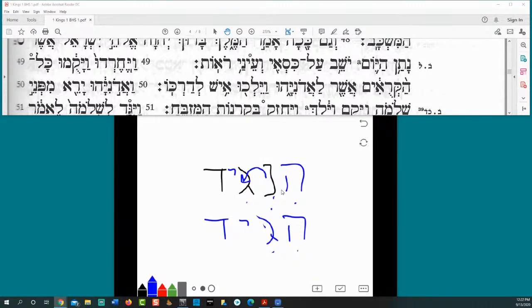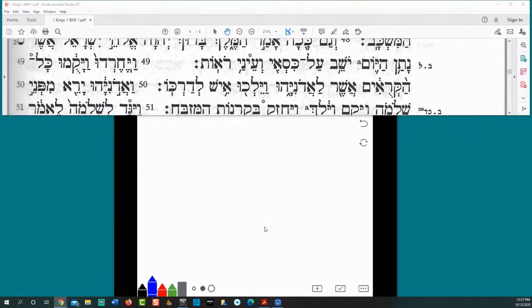That's a really weird looking dagesh here, but the nun is assimilating into the gimel. So if we did our cool little magnifying glass, and you looked at this little dot, what you'd see actually is a little nun that's all scrunched up in here because it's assimilating into the gimel. So the paradigm would look like this. And again, I won't do the whole thing, but just so you can get it. Higadti.